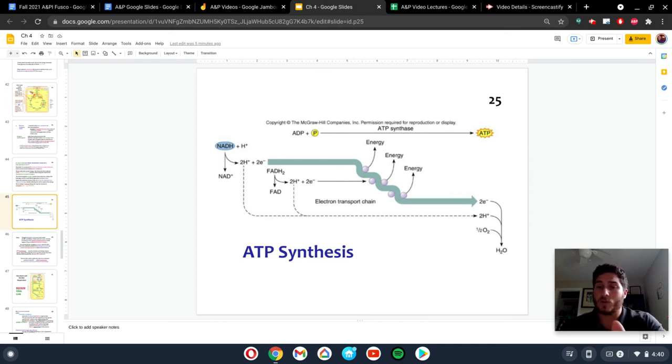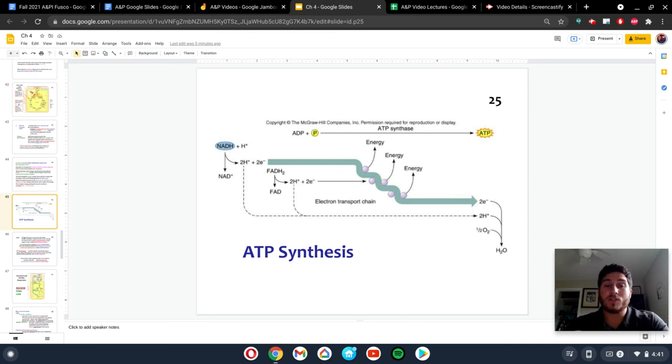So as a really quick overview, we had glycolysis, which was going to create a little bit of ATP, a little bit of NADH. Then we had the Krebs cycle, or the citric acid cycle, and in that case, we are also creating a little bit of ATP. We're also making FADH2 as well as NADH.